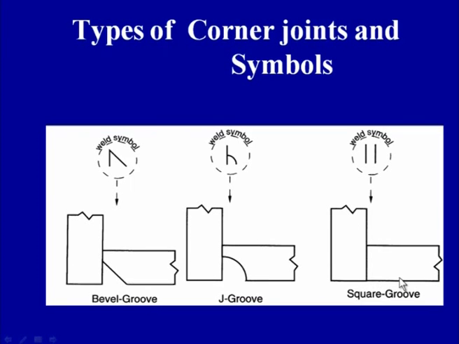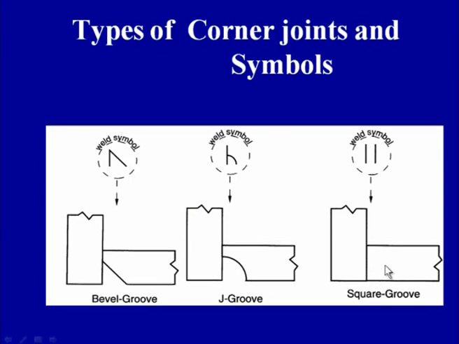The weld metal in this case is deposited in this portion of the groove, while for the square groove the edges of the plates to be joined for developing the corner joint are just made square by machining, and no special edge preparation is required like the bevel groove and the J groove.